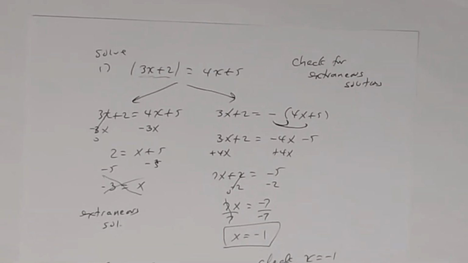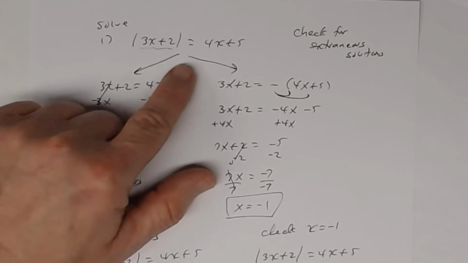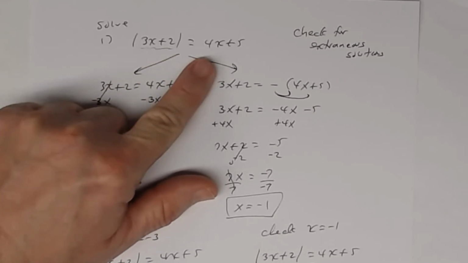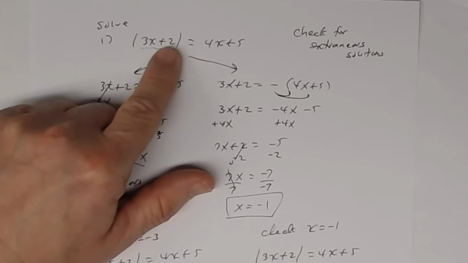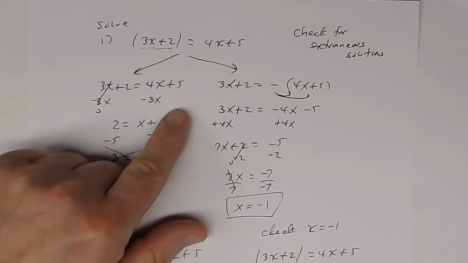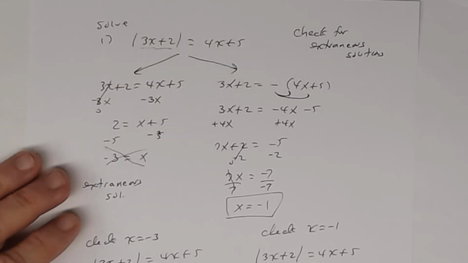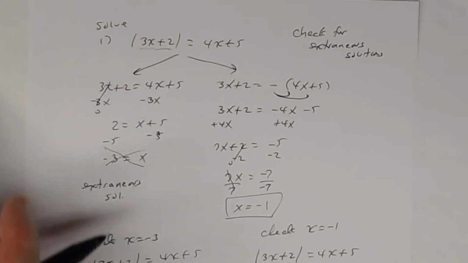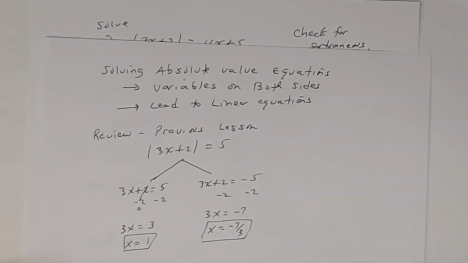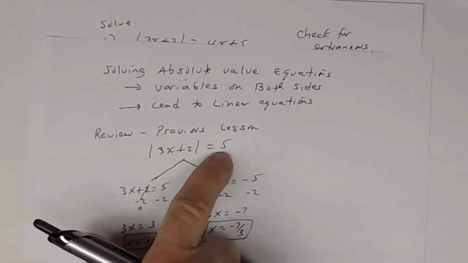All right, so notice the work you had to do. If you have variables on both sides, on one side you have absolute value, on the other side you don't. So you are going to have to check for extraneous solutions. And you do it just like you did in the previous lesson. So if this is positive, then this and this are equal.